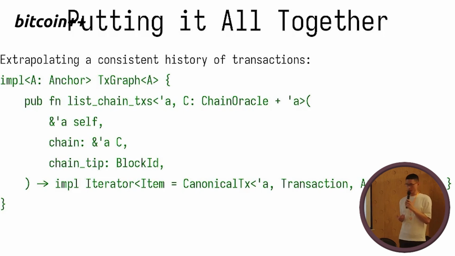Putting it all together, this is a visual of the transaction graph. It's called the chain transaction. It takes in the chain oracle and the chain tip, and it returns the consistent history of transactions.